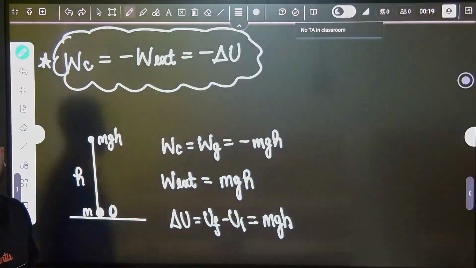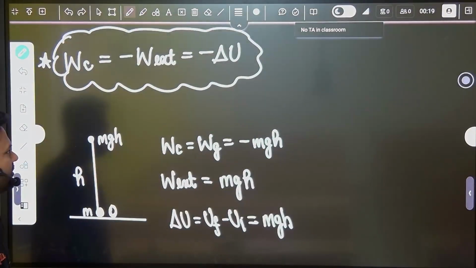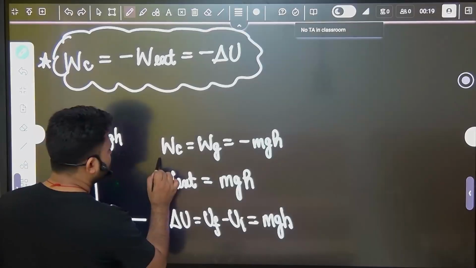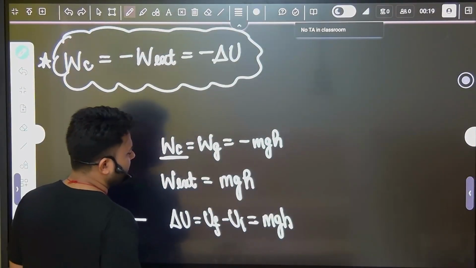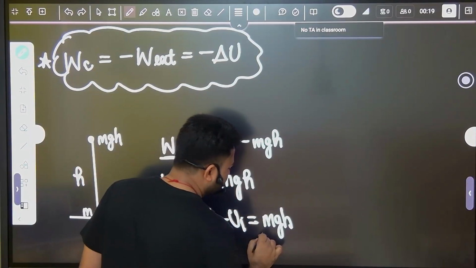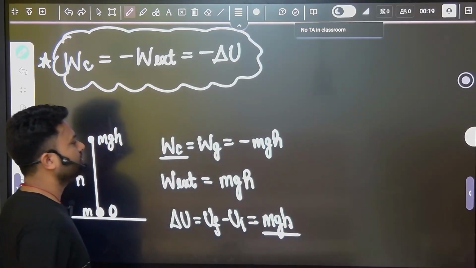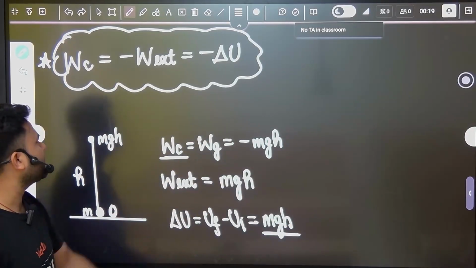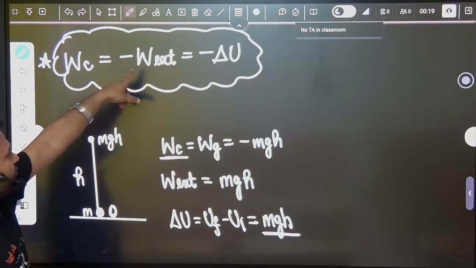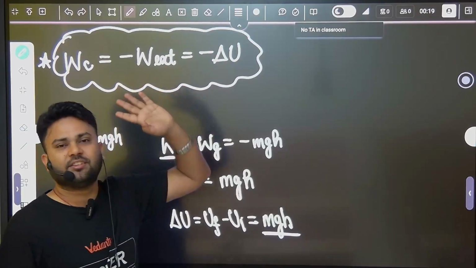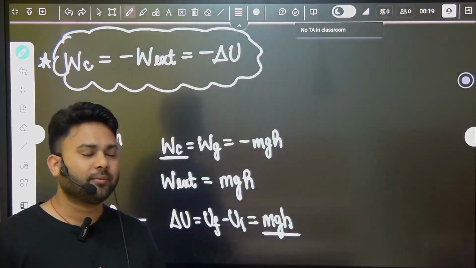So change in potential energy is mgh. You can see work done by conservative force is minus mgh and change in potential energy is plus mgh. Means they are negative of each other. So work done by conservative force equals negative times change in potential energy.